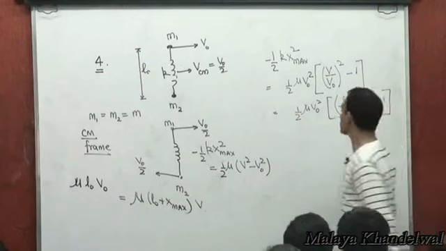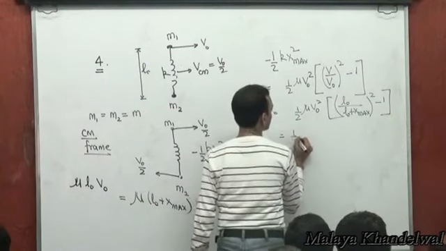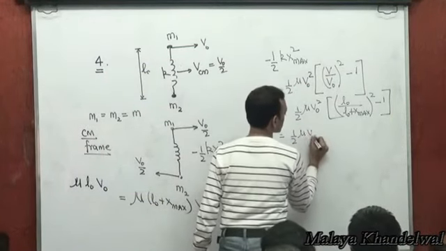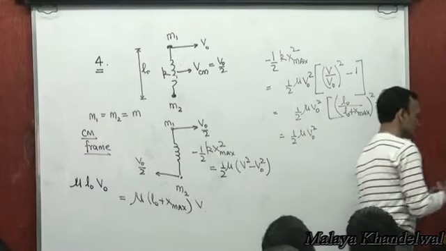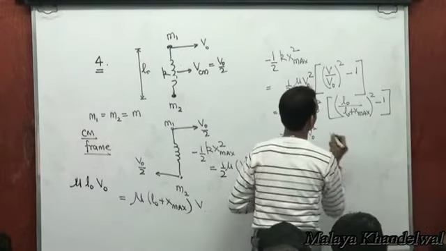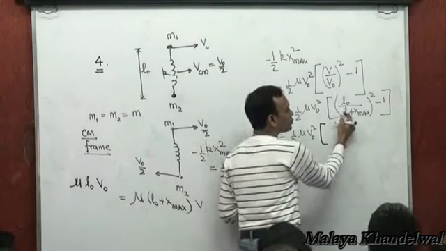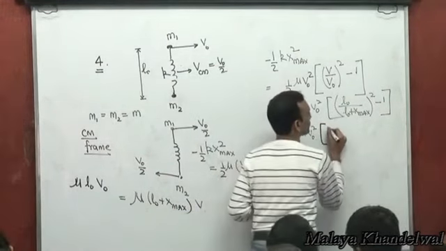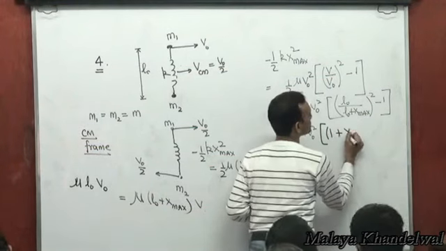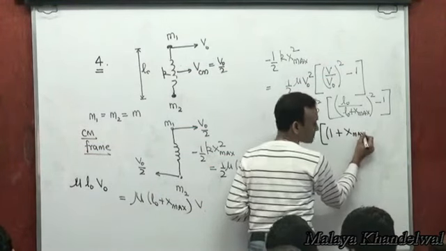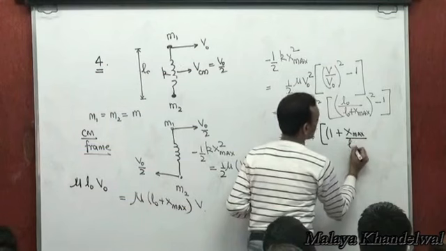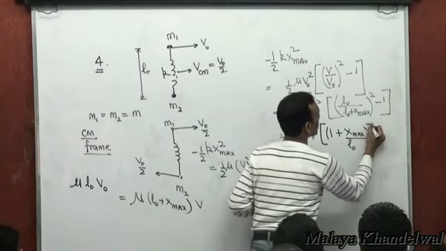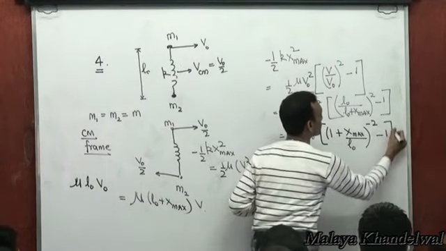Minus 1. If I take L naught common from this, then that L naught squared and this L naught squared would get cancelled. I'm then left with 1 plus x max by L naught whole to the power minus 2, minus 1, right?